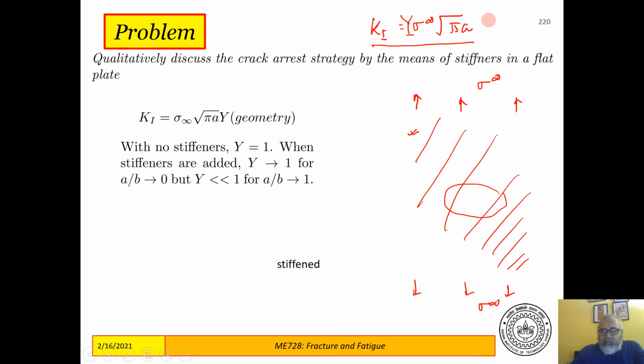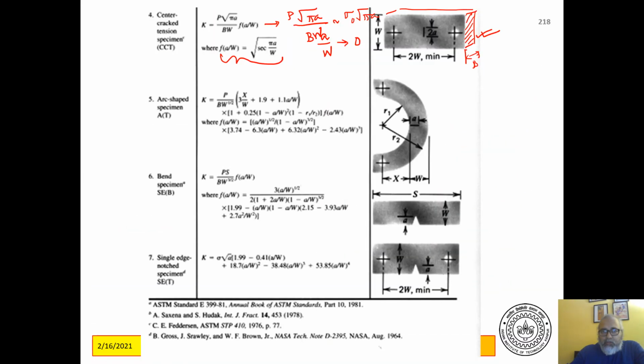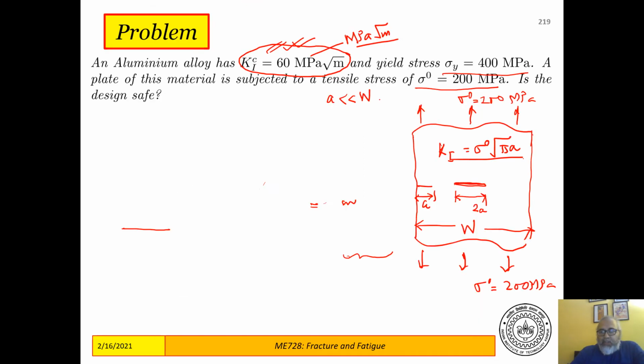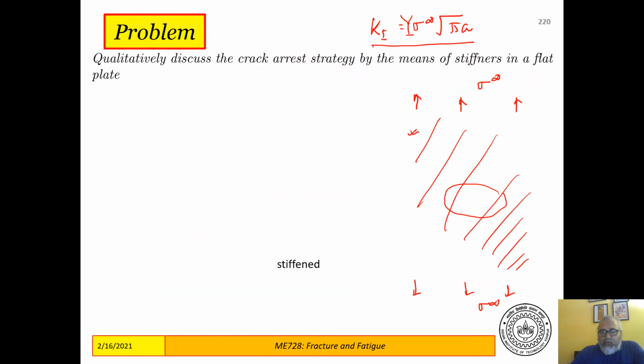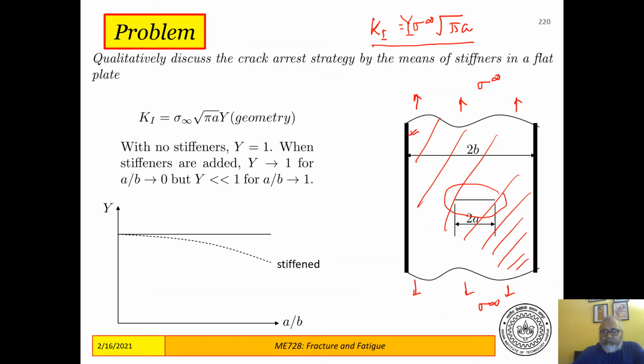The problem is similar to what we have here. This factor is what we are calling Y now. This factor comes in when the crack is interacting with the edges of the specimen.